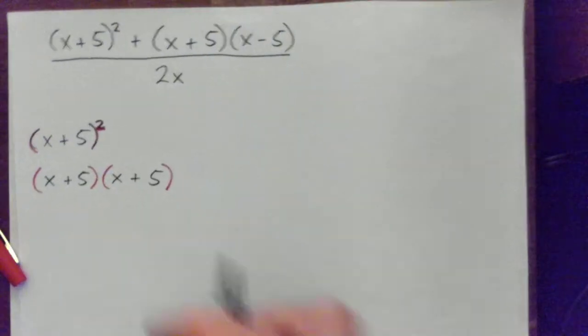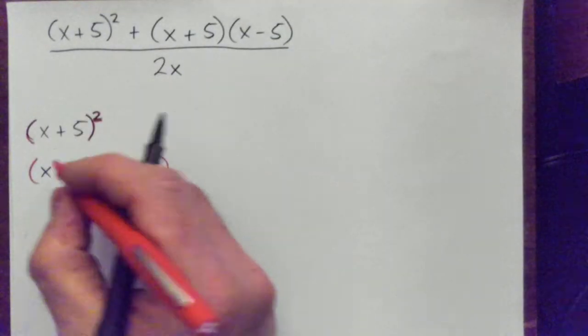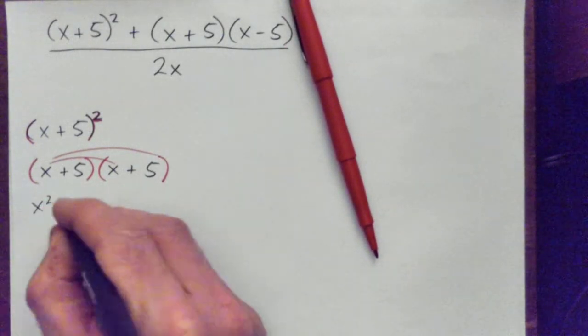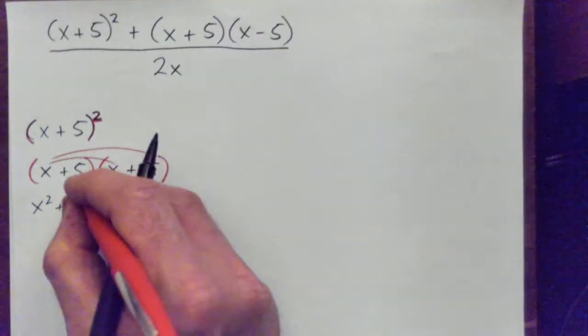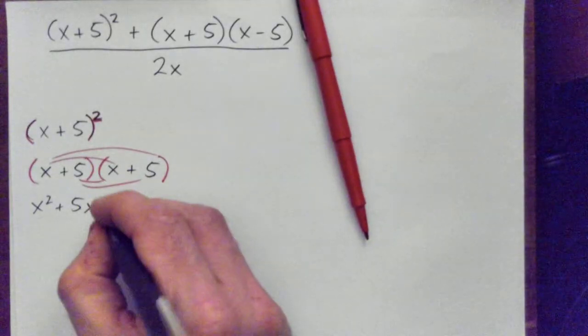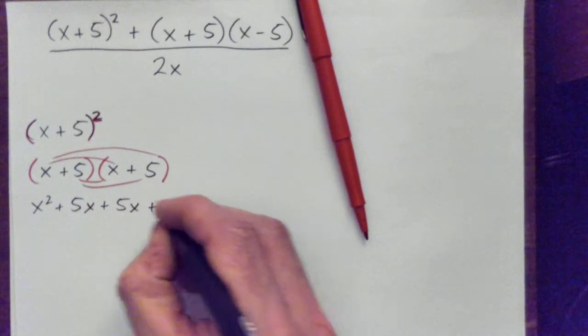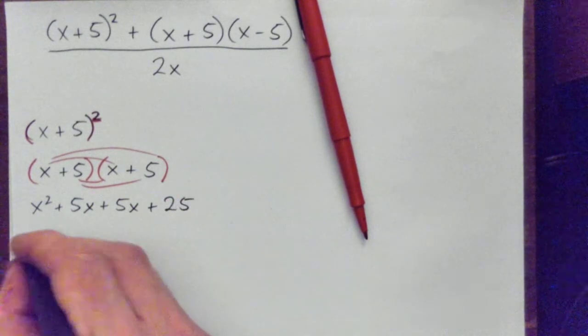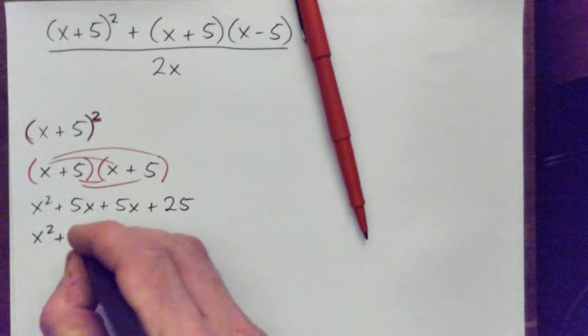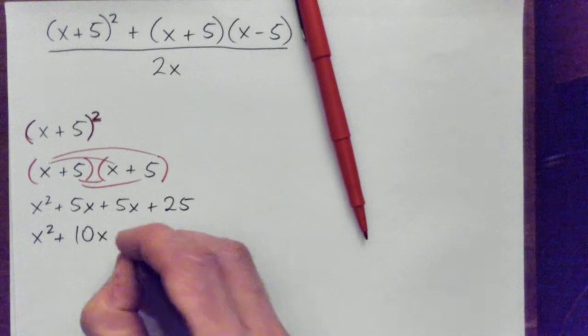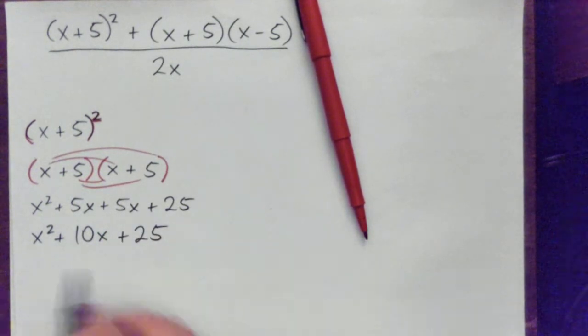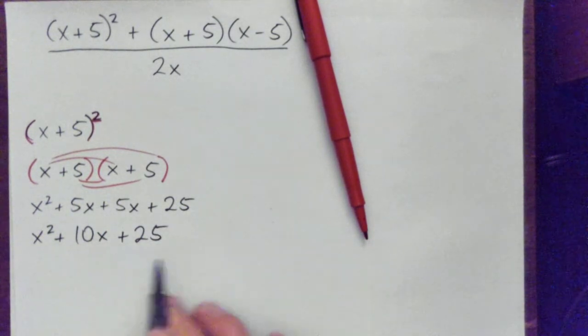Anyway, the double distributive property means we go this times this, then this times this, we get x squared plus 5x, and then this times this, and then this times this, plus 5x plus 25, right? And so we get x squared plus 10x, adding like terms, plus 25. And then we're done, because these things are not like terms, right?